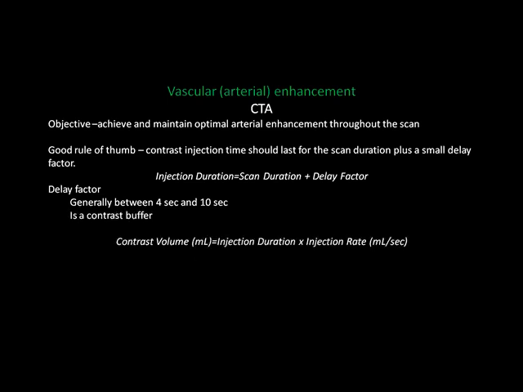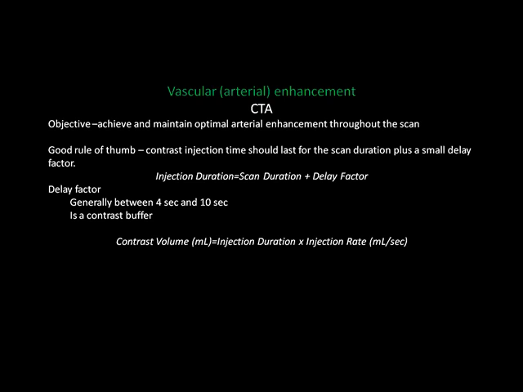Then to determine the contrast volume, you take that injection duration and you multiply it by the injection rate. So saying that your scan, when you look at it, is going to take about 12 seconds, and it's down low around the renal arteries, so you want to add about a 10-second buffer. So that gives about a 22-second scan.